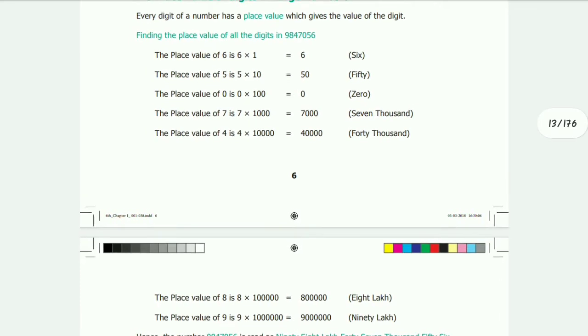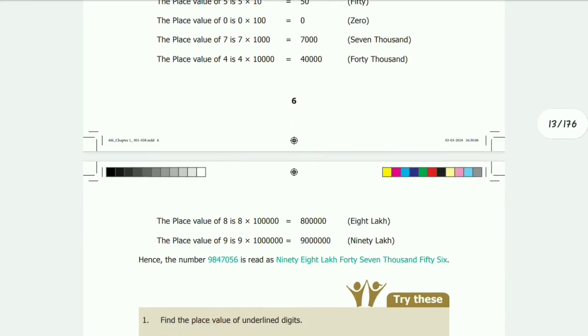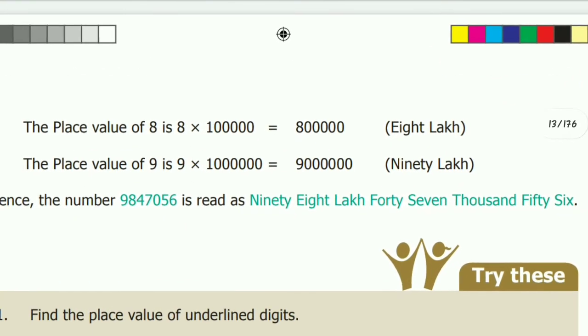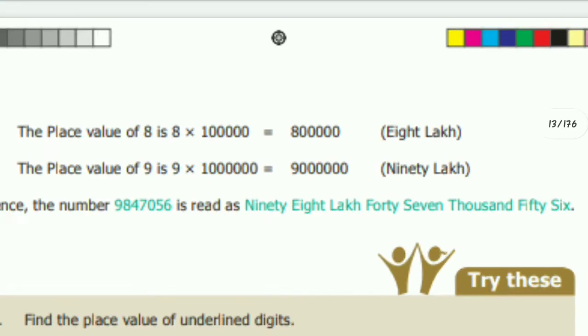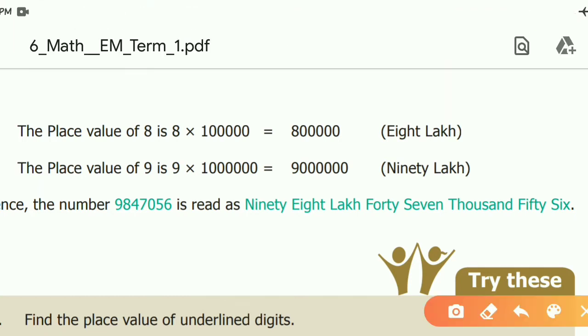Next, what is the name of the number? Here the number 9847056 is read as 98,47,056. Once again listen students, how to read this number? Because of using commas.